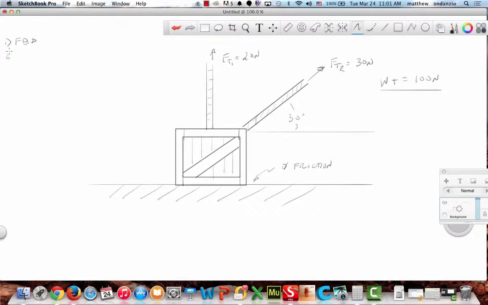So 1, 2 is the normal force. Okay. What else? I asked you if it was moving, right? Motion of box, direction, and amount.